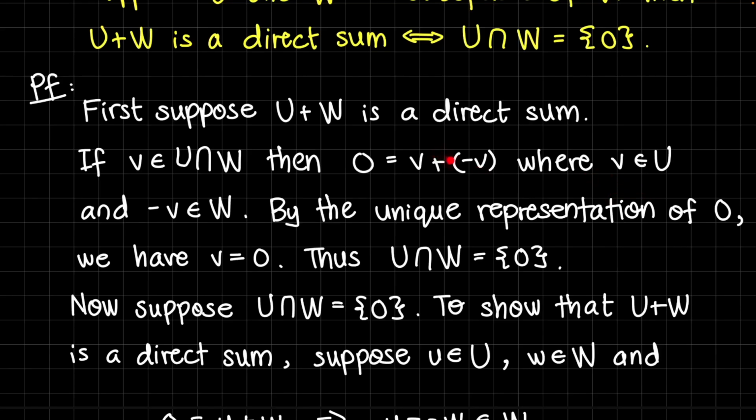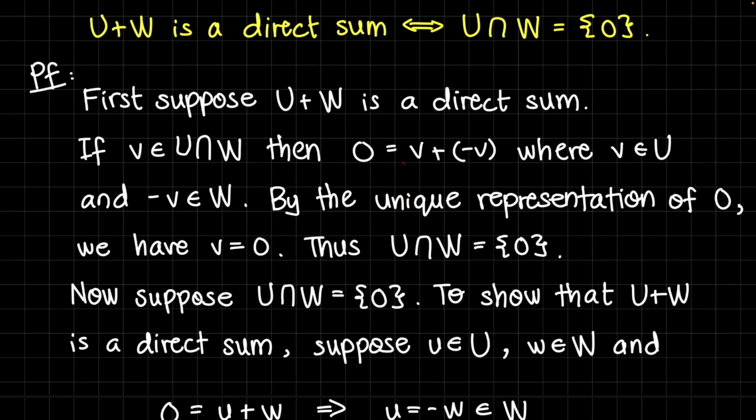In this expansion, v can be seen as coming from U, which makes sense because v belongs to the intersection. So v belongs to U, and negative v also belongs to U, but we're treating it as an element of W, again because v belongs to U and W, so negative v belongs to W as well.